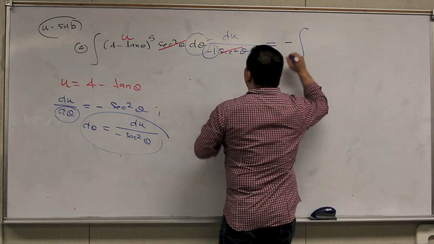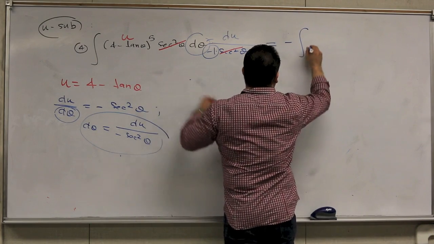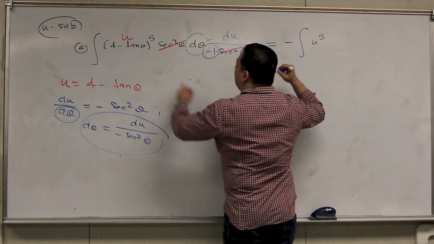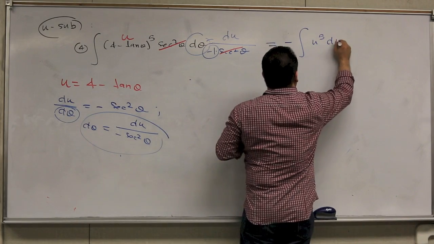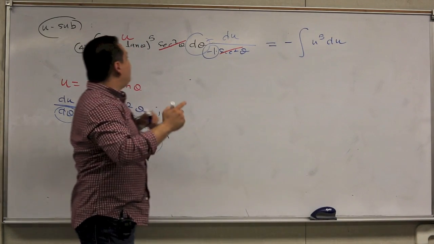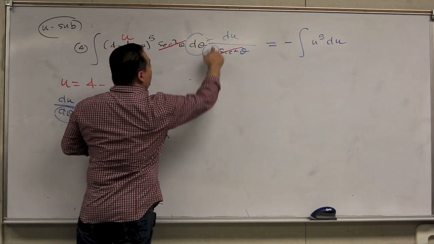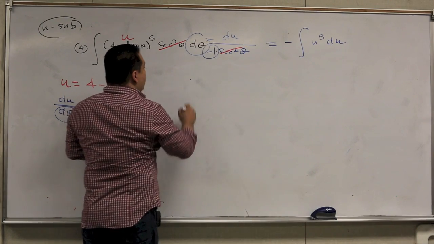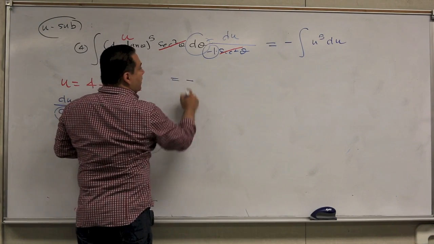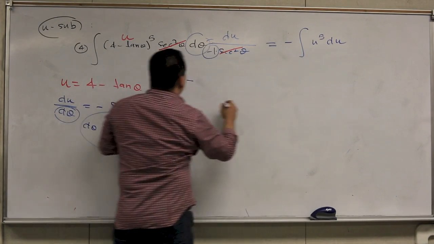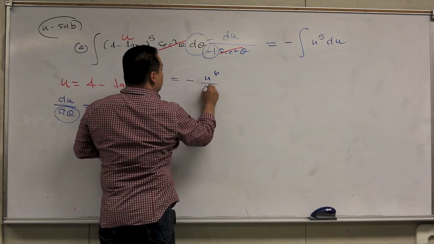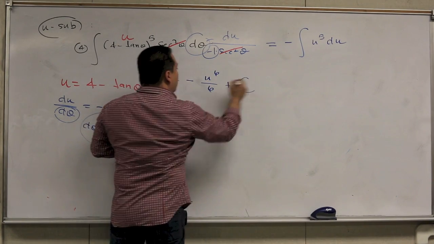I pull out my negative constant. And this is really now u to the 5th du. This is not d theta. I replaced my d theta with the du over minus secant squared theta. And then now, what do we get? Negative u to the 6th over 6 plus my c.